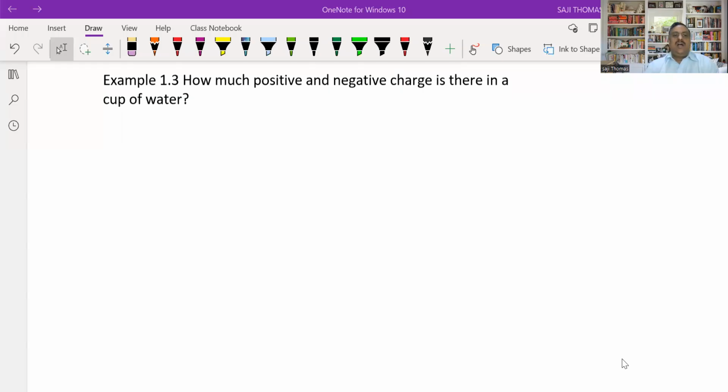How much positive and negative charge is there in 1 cup of water?